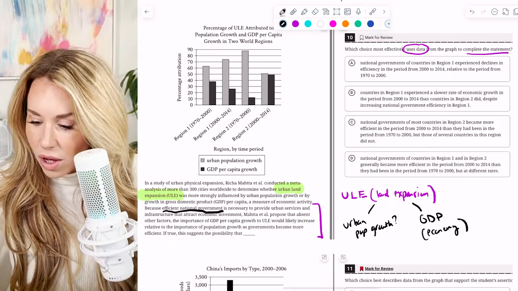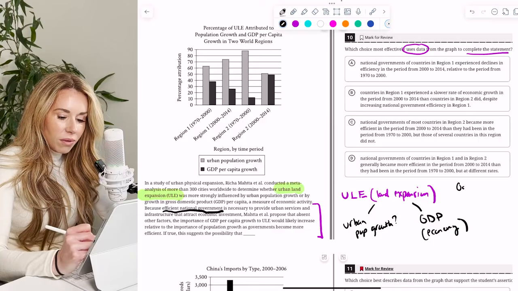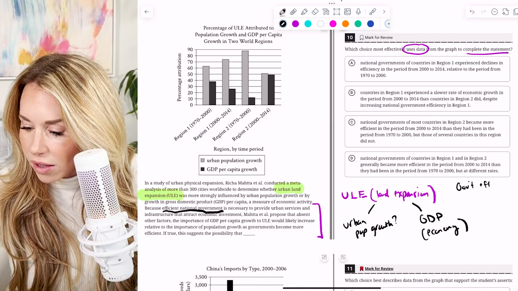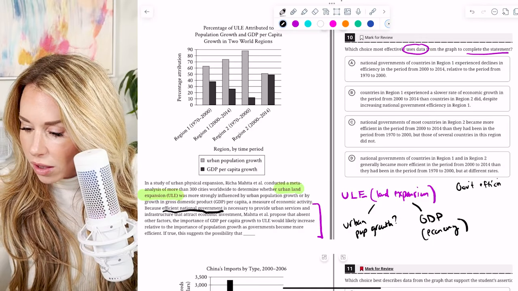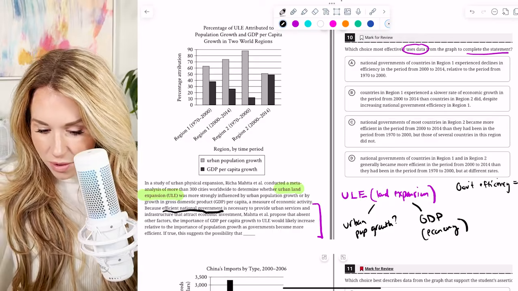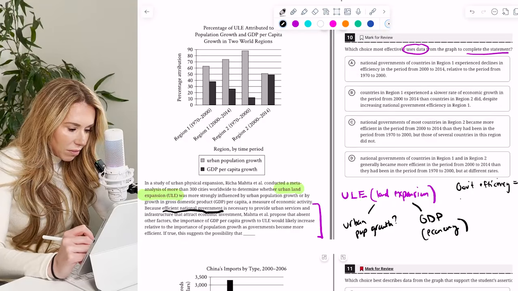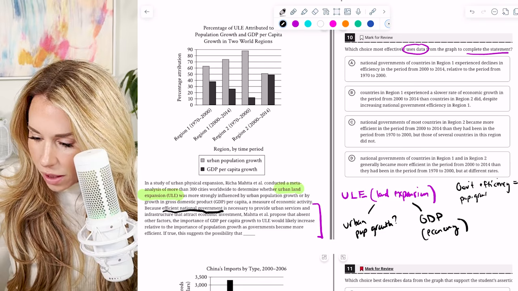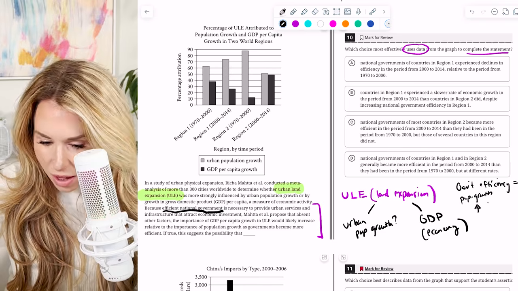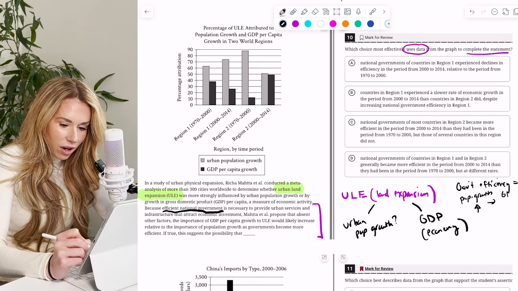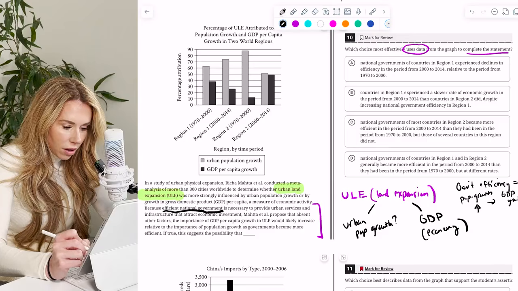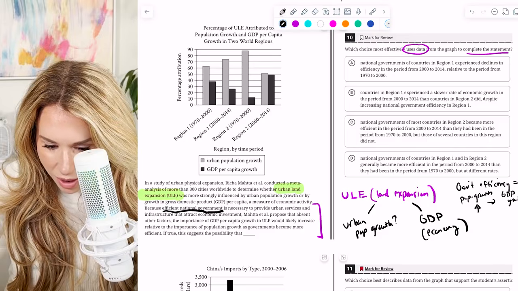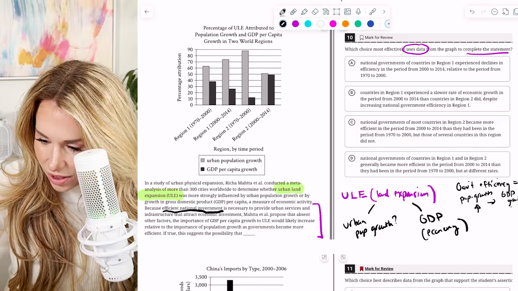Oh, okay, cool. So basically government efficiency equals, if population growth becomes more important, then GDP growth also increases.